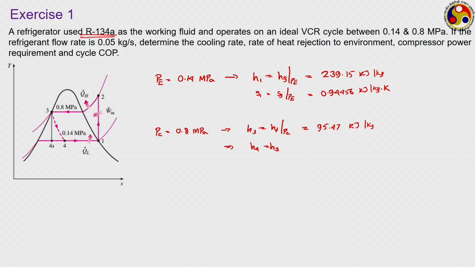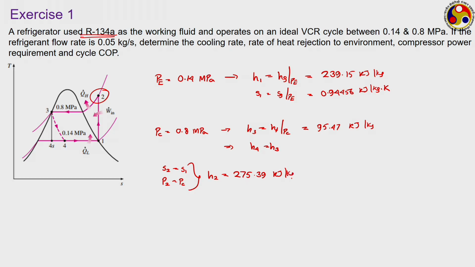So, the only one that we have to evaluate is this point number 2. We know that S2 is equal to S1 and also P2 is equal to the condenser pressure. Using these two for the superheated vapor table, from there we can identify the value of this H2 to be 275.39.